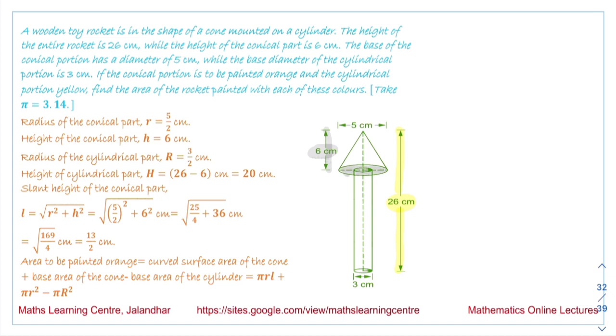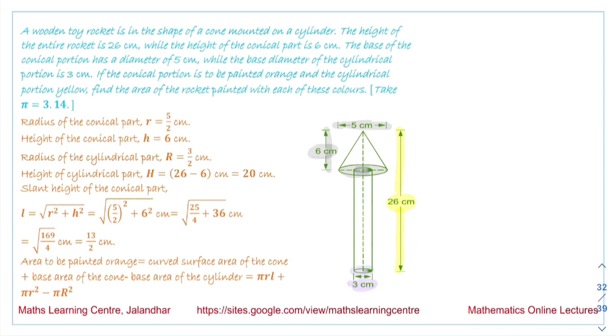This conical portion we are seeing has a base of 5 centimeter, while the diameter of the base of the cylindrical portion is 3 centimeter. If the conical portion is to be painted orange, and the cylindrical portion yellow, find the area of the rocket painted with each of these colors.